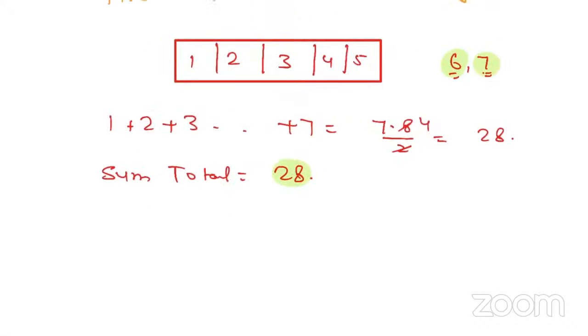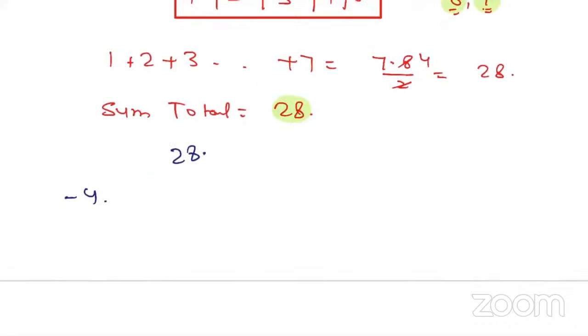So the first number we can subtract from 28 is, 1 not possible, so minus 4. So the number will be 24, right? So minus 4 will be for 1, 3, right? Then minus 7. Minus 7 will be for 1, 6, 2, 5, right?